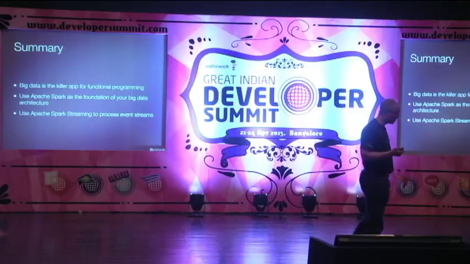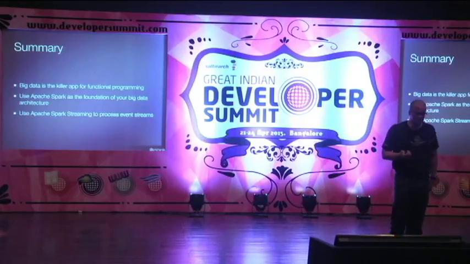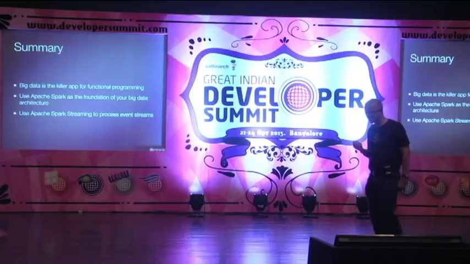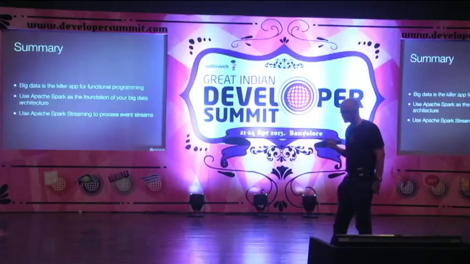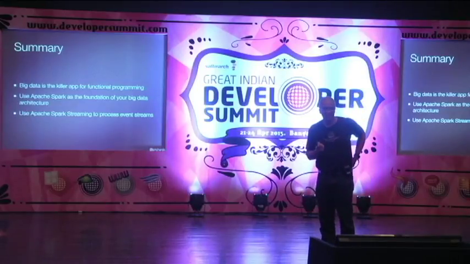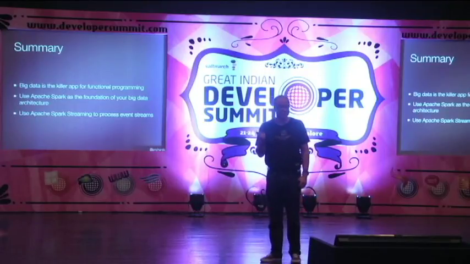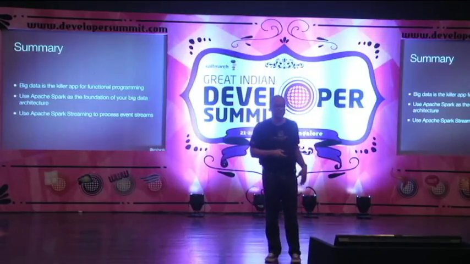In a way, Hadoop is the old school way of processing data. Apache Spark has many benefits. And if you need to do real-time stream processing, Spark Streaming is a great solution.